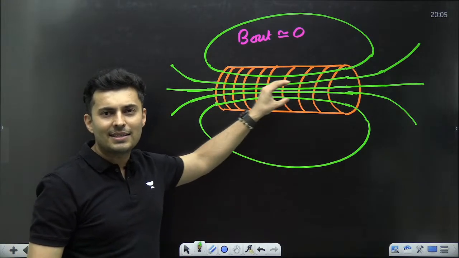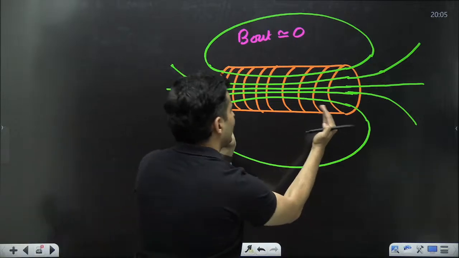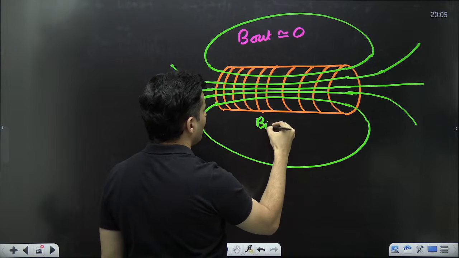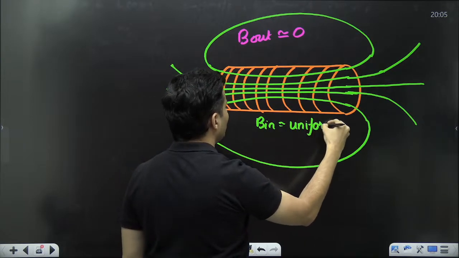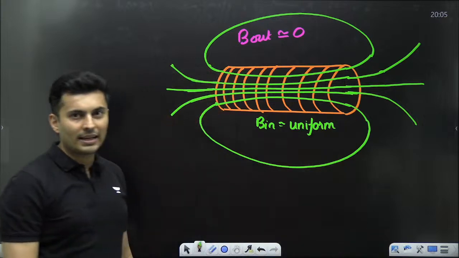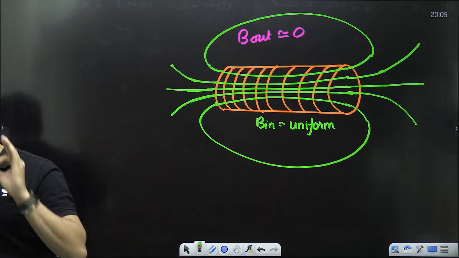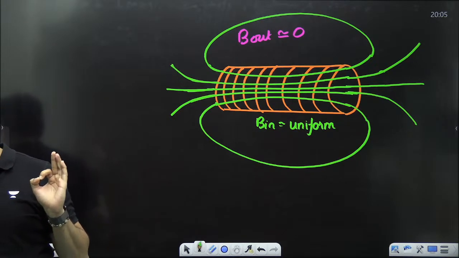Exactly. So in this region, you will see the magnetic field inside is uniform. Keep this in mind. Because the lines are parallel, it is roughly uniform in nature. That's the next observation that you can make.